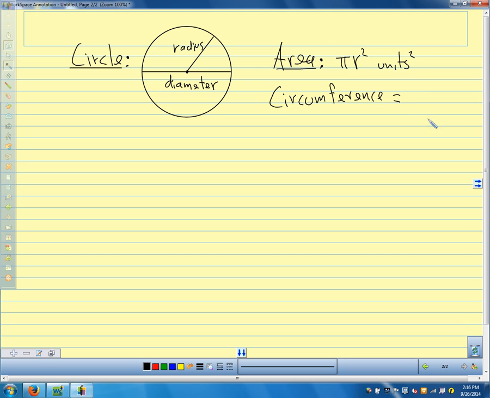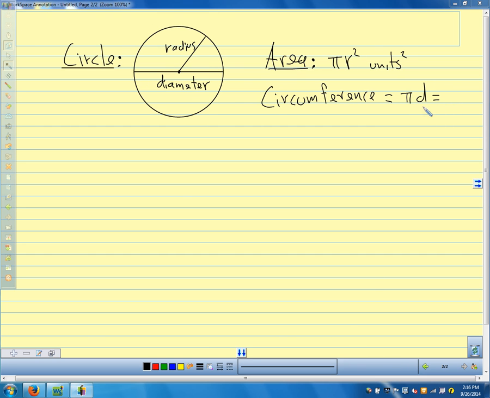You remember how to find the circumference of a circle? Pi times the diameter. And what's another way of saying the diameter? How's the diameter related to the radius? Twice the radius, so I can say 2 pi r. And we have units.